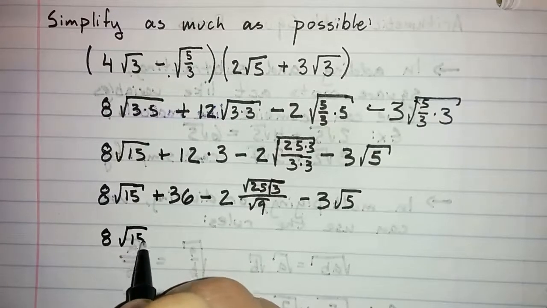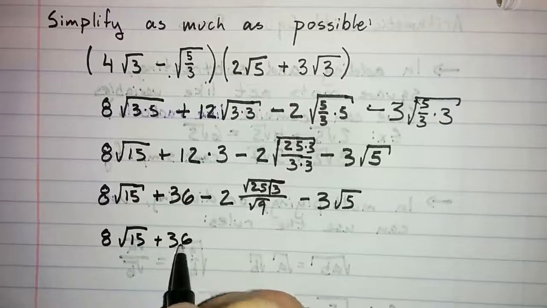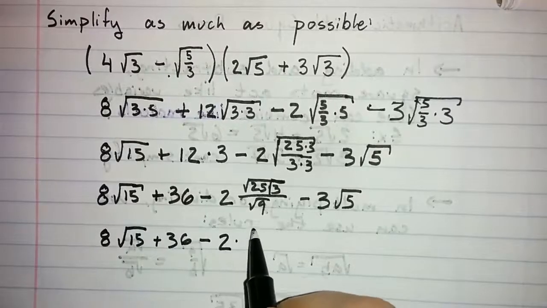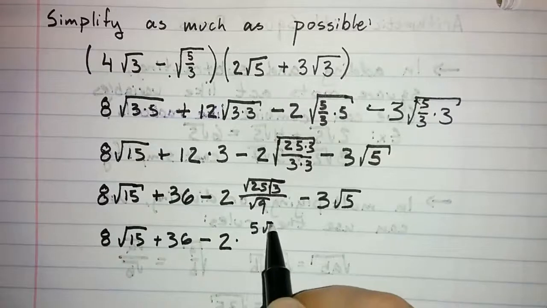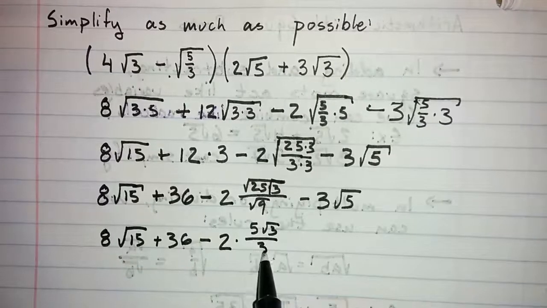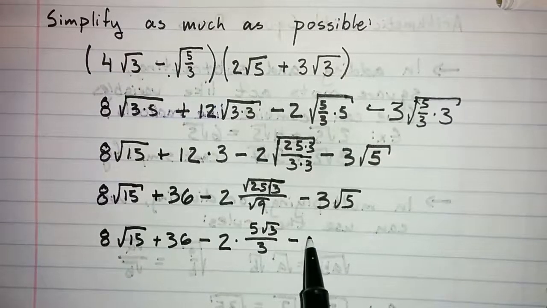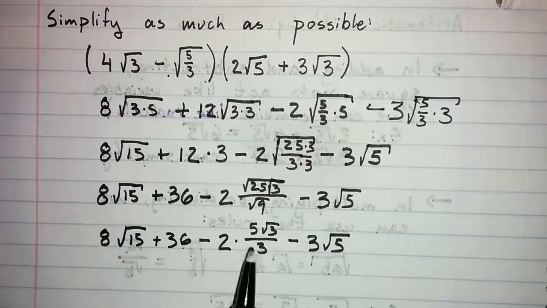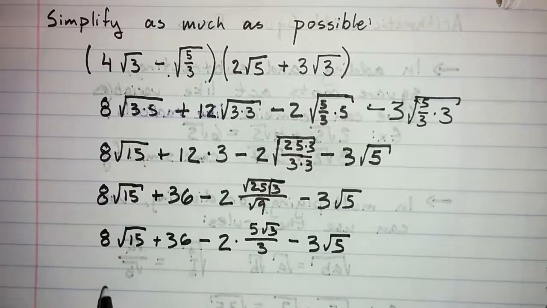8 root 15 plus 36 minus 2 times 5 root 3 over 3 minus 3 root 5. 2 times 5 over 3 is going to be 10 thirds.